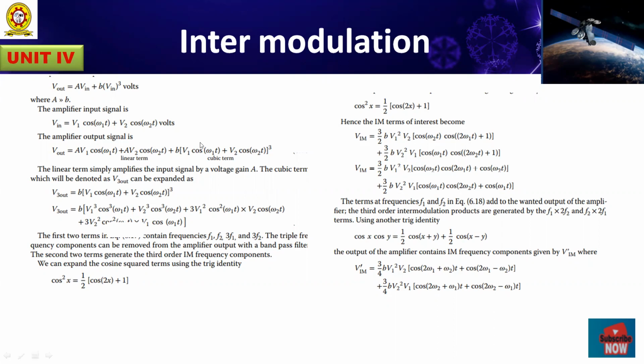Yes, you are absolutely correct. Intermodulation products are generated whenever more than one signal is carried by a non-linear device. In short, what is the significance of intermodulation? Remember that this concept comes in unit number 4, the broad topic FDMA, and under that the narrow topic intermodulation.